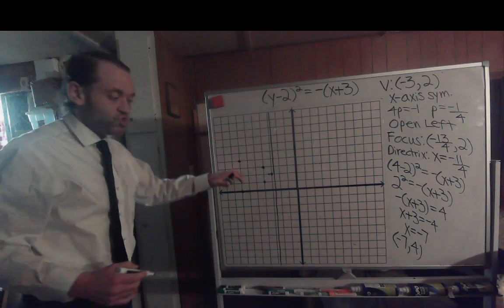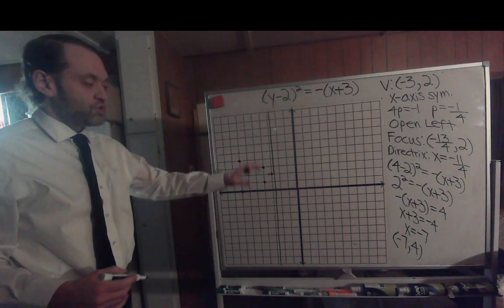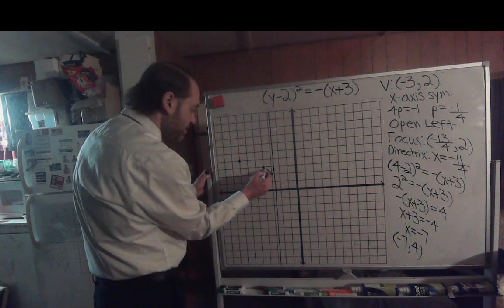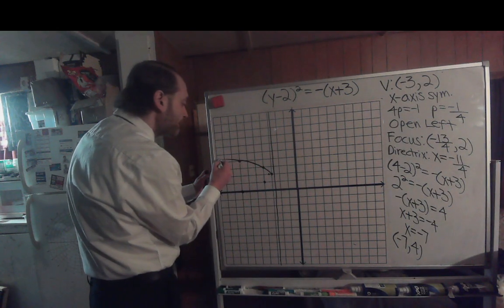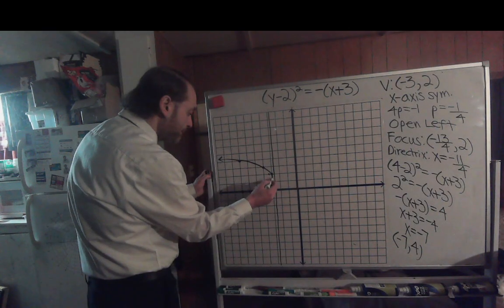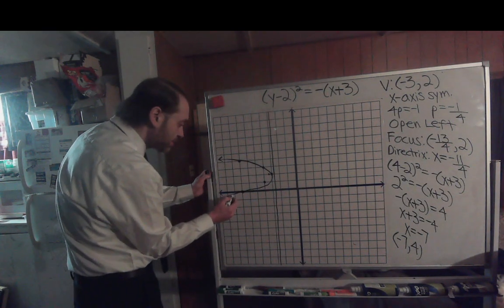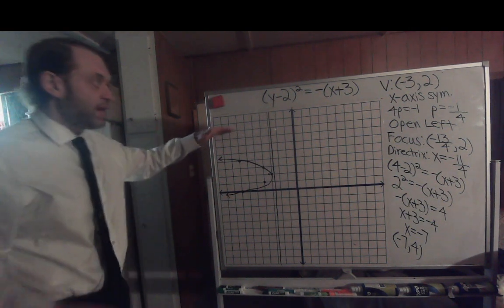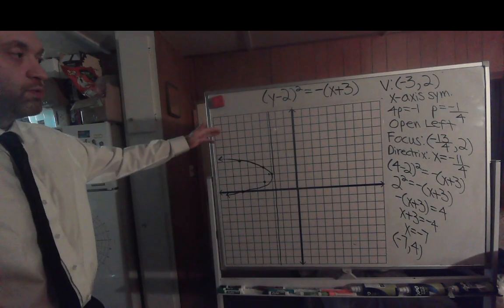Now that I have a sufficient amount of points, the directrix, the focus, and the vertex, I can go ahead and start graphing this here. And there you go. There is exactly what your parabola is going to look like for this form.